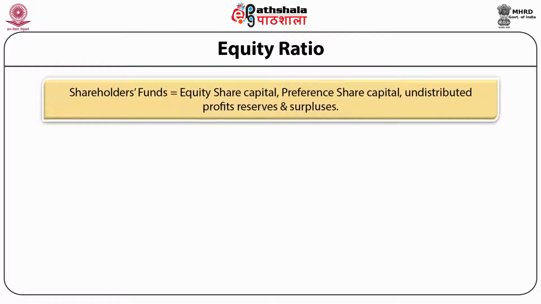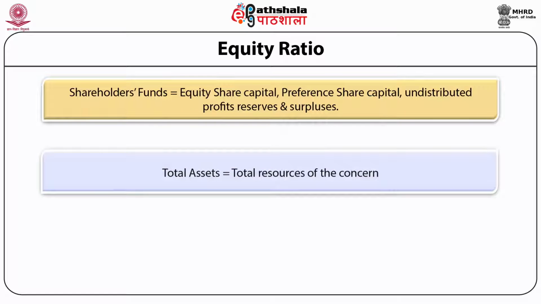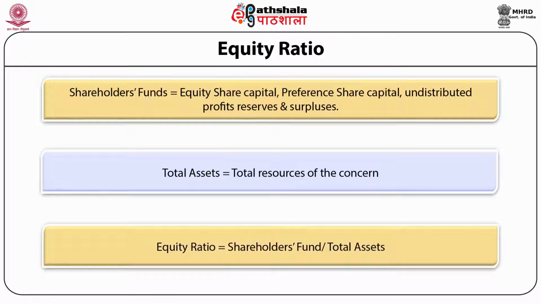Shareholders' fund includes equity share capital, preference share capital, undistributed profits, reserves, and surpluses. And total assets include total resources of the concern, that is, fixed assets and current assets. Equity ratio can be calculated by using the formula shareholders' fund divided by total assets.